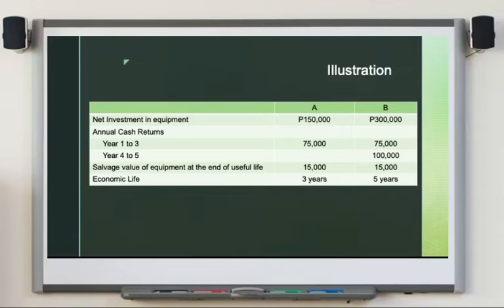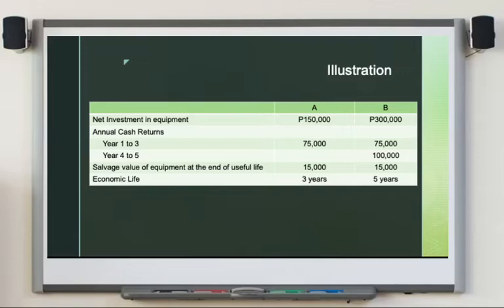So we will be comparing the two proposals, computing the payback period, and determining which proposal has the fastest recovery of the initial investment.